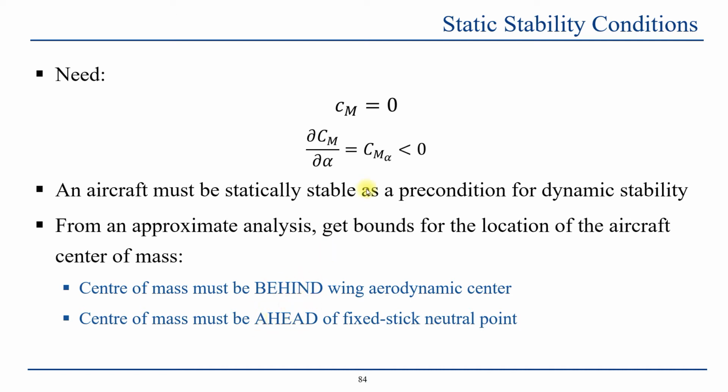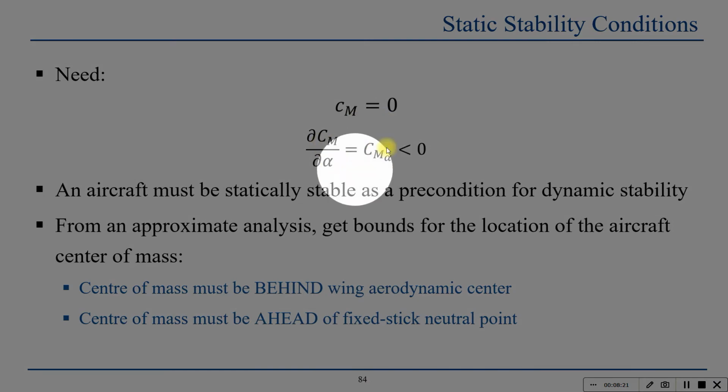But this position should result in a Cm that is 0 and a Cm alpha that is negative. If this condition is not met, it means that you won't have a statically stable aircraft.